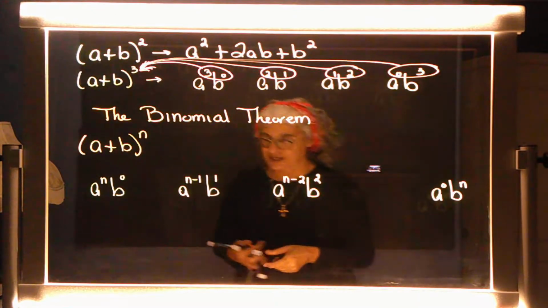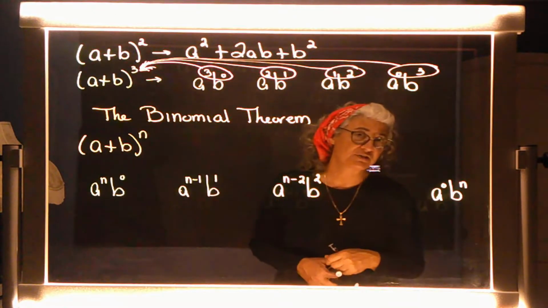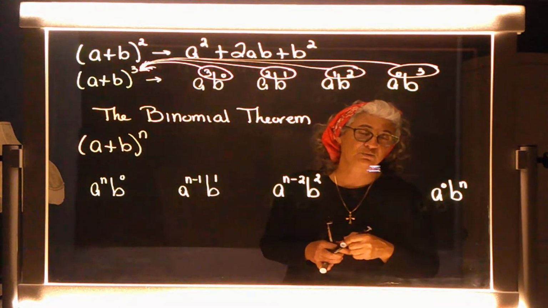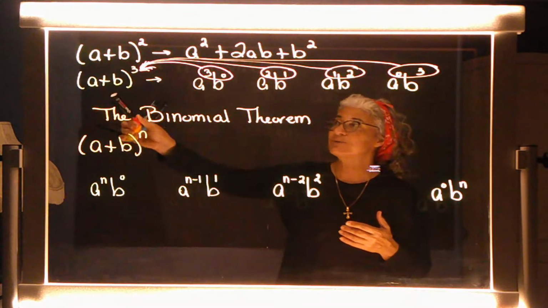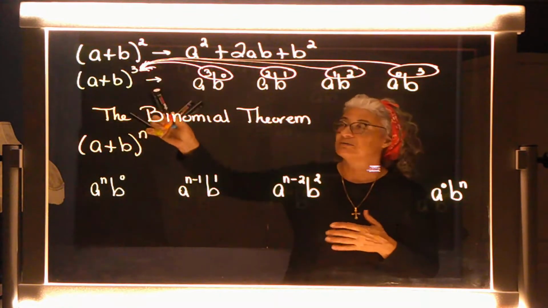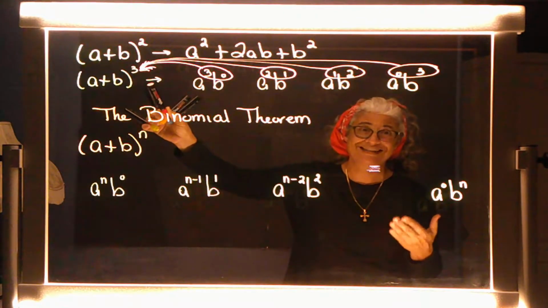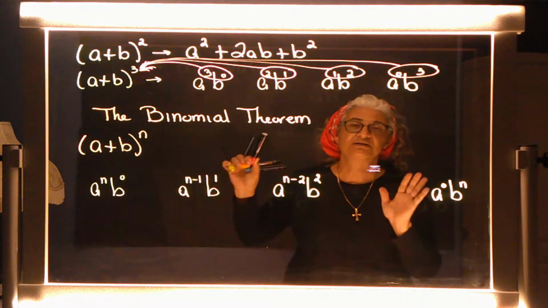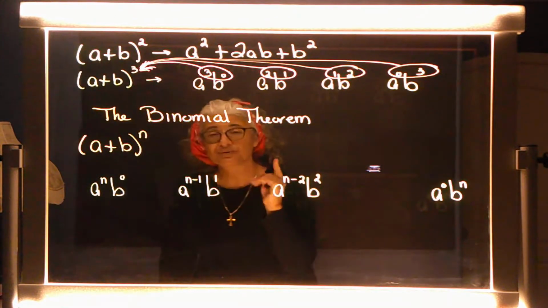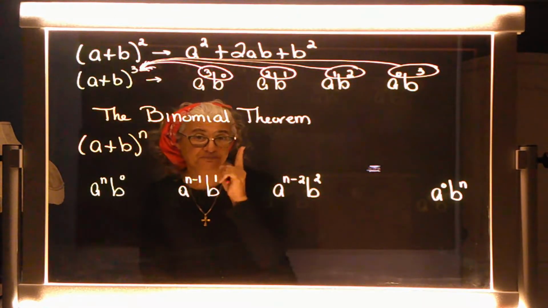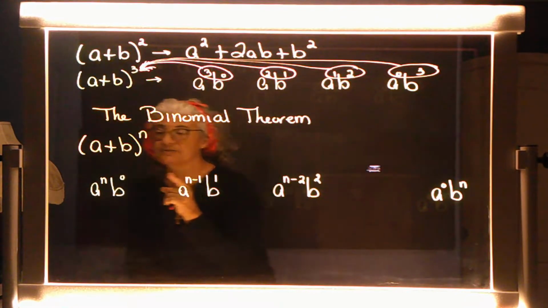Okay. Now, coefficients is really where we need some help, because unless I want to write this out 3 times, or if the power on here is 10, oh my gosh, really? That's where we really need the help. So the coefficients, that's where that n choose x came in. So watch, don't write, just watch.